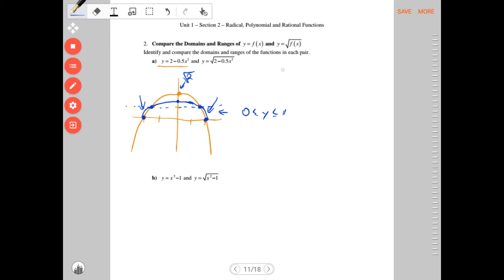So the domain and range. Of the original, the domain is x is an element of the reals, and y is less than or equal to 2.